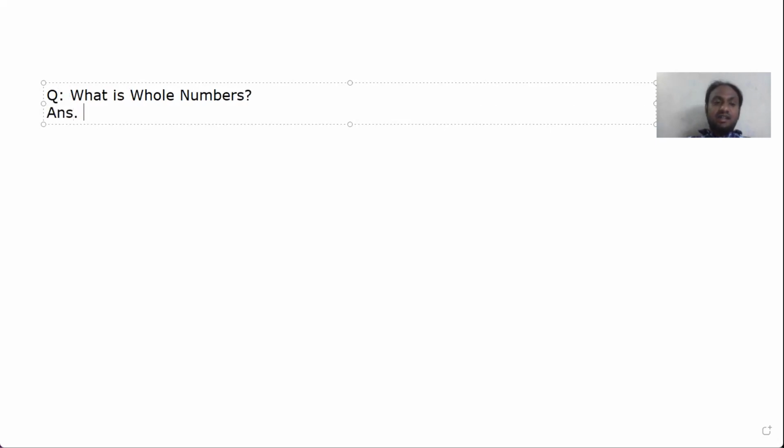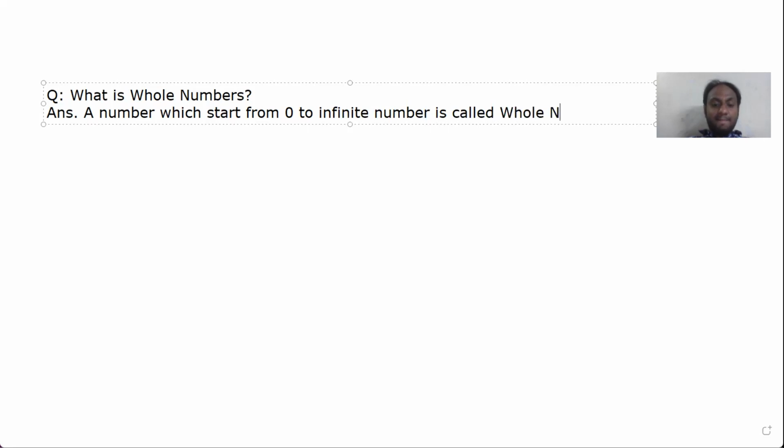Yes, a number which starts from 0 to infinite is called a whole number.